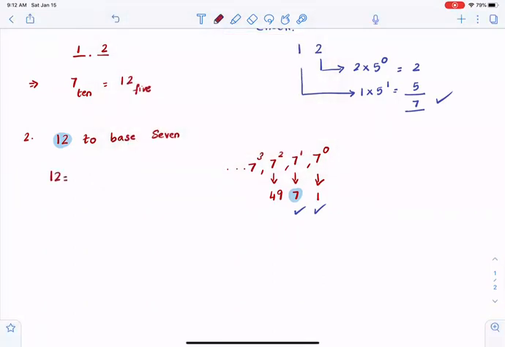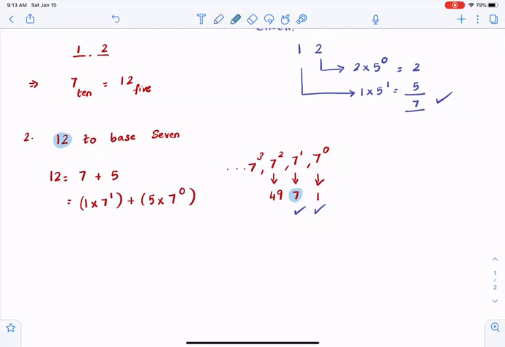For 12, I know the first number that is less than 12 and a power of 7 is 7. And that leaves me with 5 that is unaccounted for. So I could write 12 as 1 multiplied by 7 raised 1, because we are converting it to base 7, plus 5 multiplied by 7 raised 0.